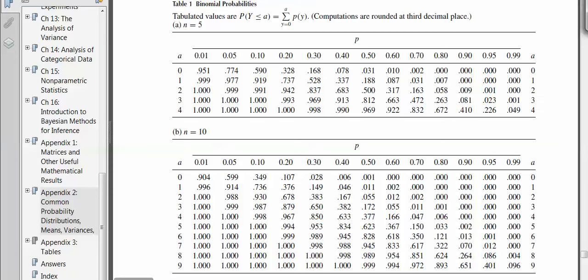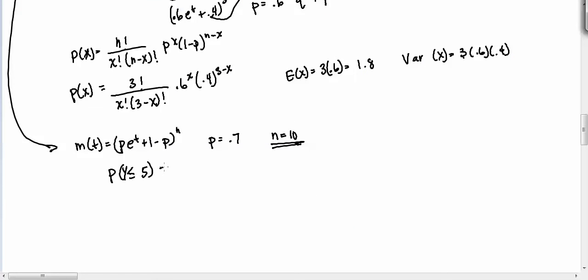This is straight out of our textbook in Appendix 2, Table 1. It gives P(Y less than or equal to a), and with n equal to 10, this is the table I would use. I wanted a equal to 5, and I'm looking at p equal to 0.7, so my answer is 0.150.